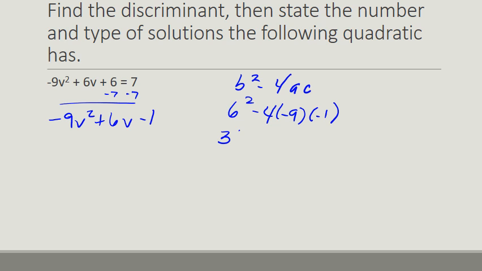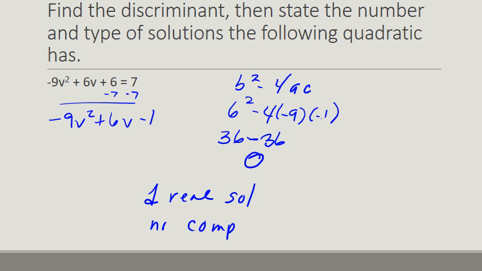So I'm going to get 36, and I've got minus 4 times negative 9 times negative 1, which is 36. And that's 0. So now this means that there is one real solution and no complex, because remember, complex has to go in pairs. A quadratic, by the way, is going to have at most 2 solutions because its degree is 2.